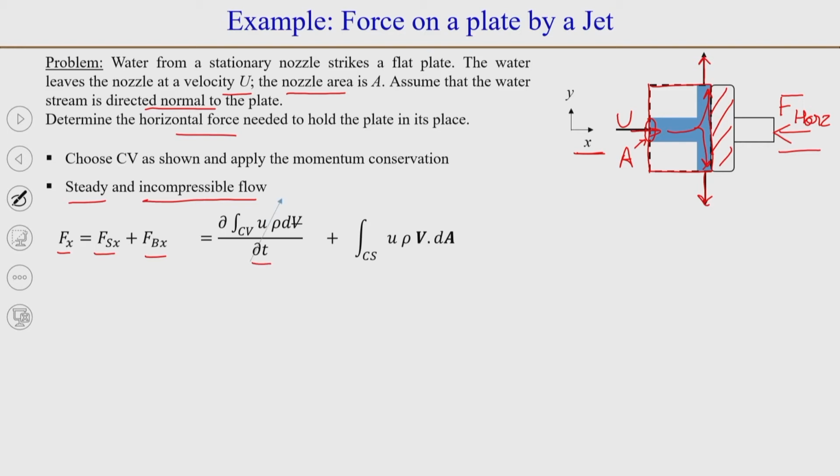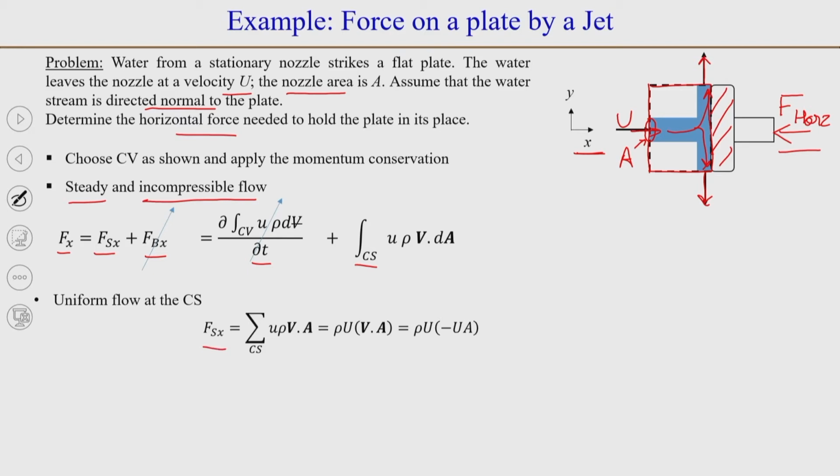Now, both these terms are 0 and the flow is uniform, so we can replace this integral with a summation, and the problem simplifies a bit. So, we write F_Bx as 0 because there is no body force.